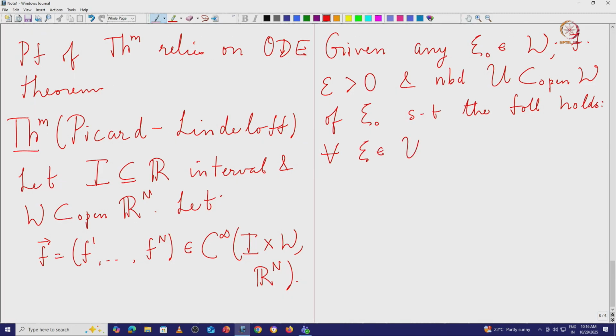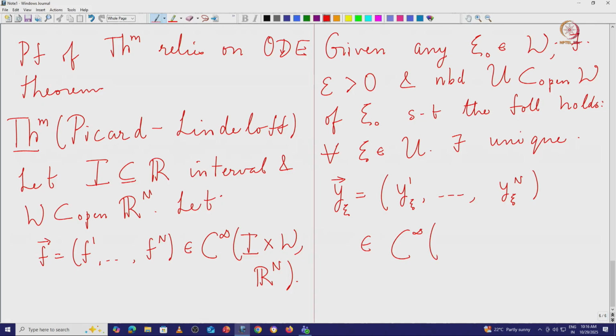For all xi in U, there exists a unique family which I will denote by y_xi, whose components look like y_xi 1 up to y_xi n. So, this is going to be a function that is smooth on the interval minus epsilon to epsilon to R^n.